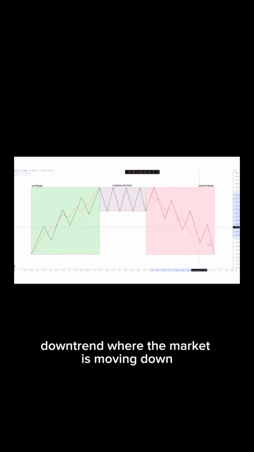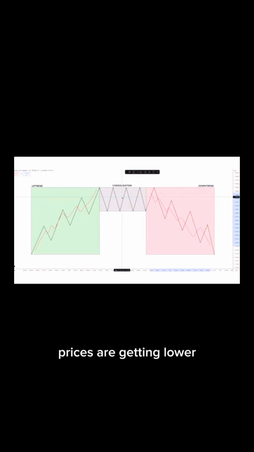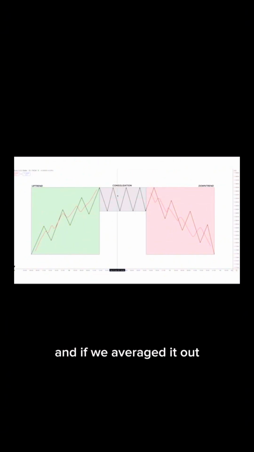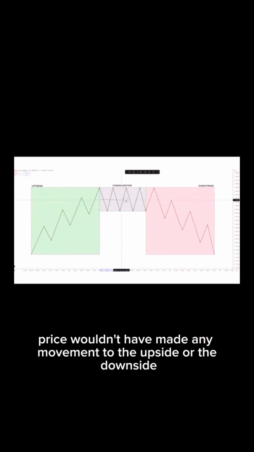Downtrend is where the market is moving down, prices are getting lower, and consolidation is where the market moves sideways. If we average it out, basically, price wouldn't have made any movement to the upside or the downside.